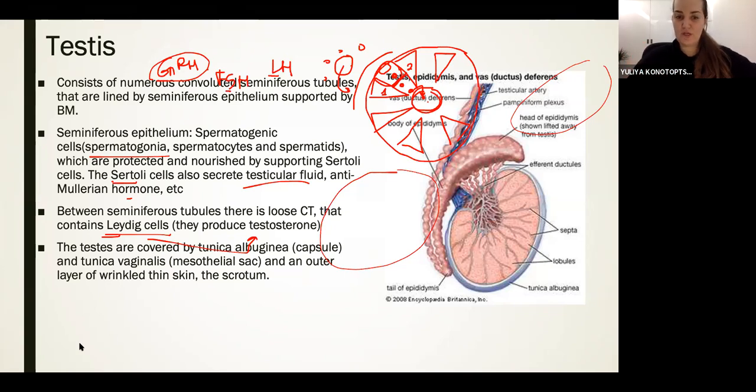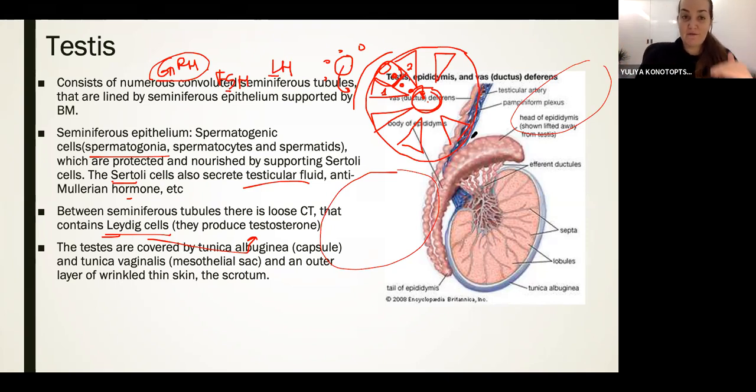Wolffian duct will become epididymis, vas deferens, prostate, all of these male things. Mullerian duct will become uterus and fallopian tubes. So if I am a boy, which duct do I want to get rid of? Mullerian. I don't want my boy to develop uterus and fallopian tubes.